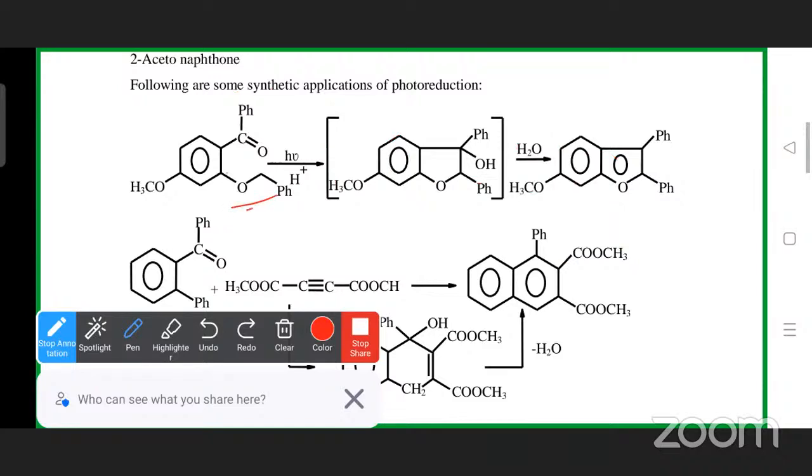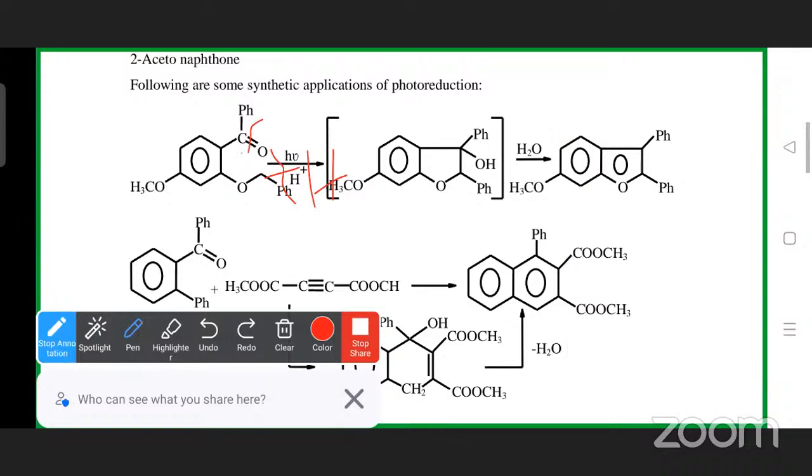Only the photoreduction takes place here, and by photoreduction you can see this bond undergoes the homolytic cleavage, and this bond also undergoes the homolytic cleavage.